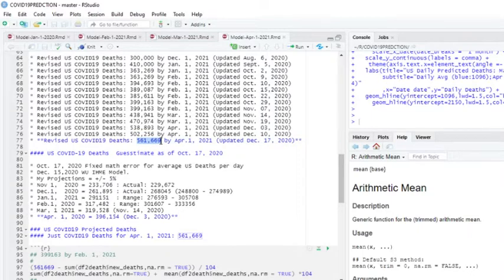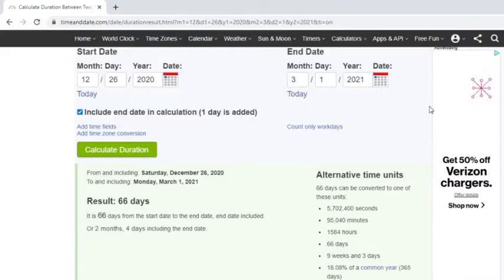The current projected deaths for April 1st as of December 17th is 561,669. So we come down here, change this number here. All right, just check that. Okay, good.